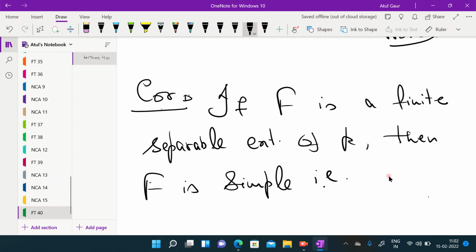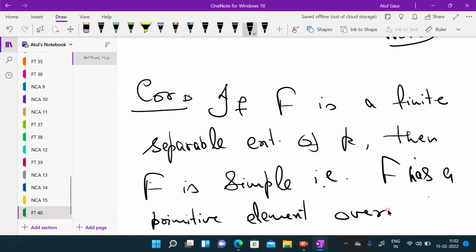That is, F has a primitive element over K. So simply, every finite separable extension is a simple extension.